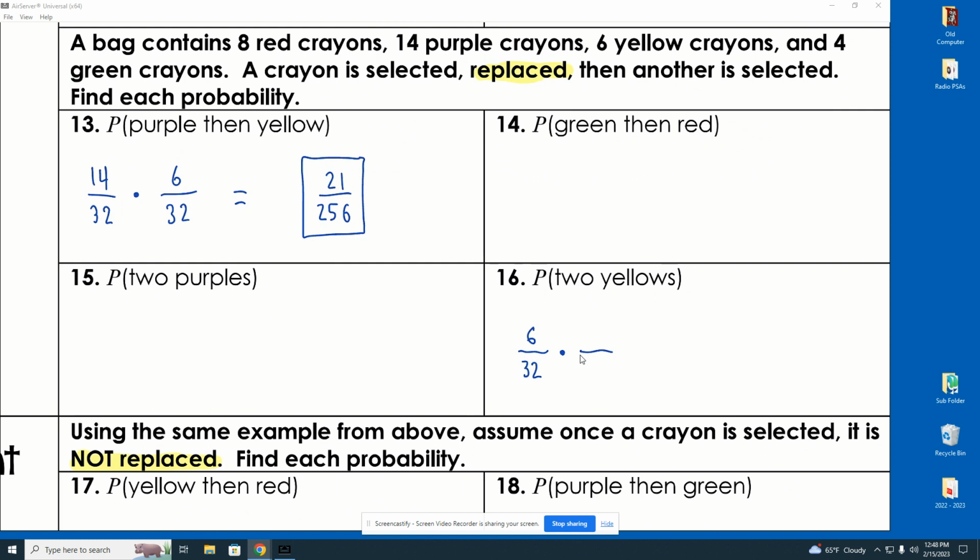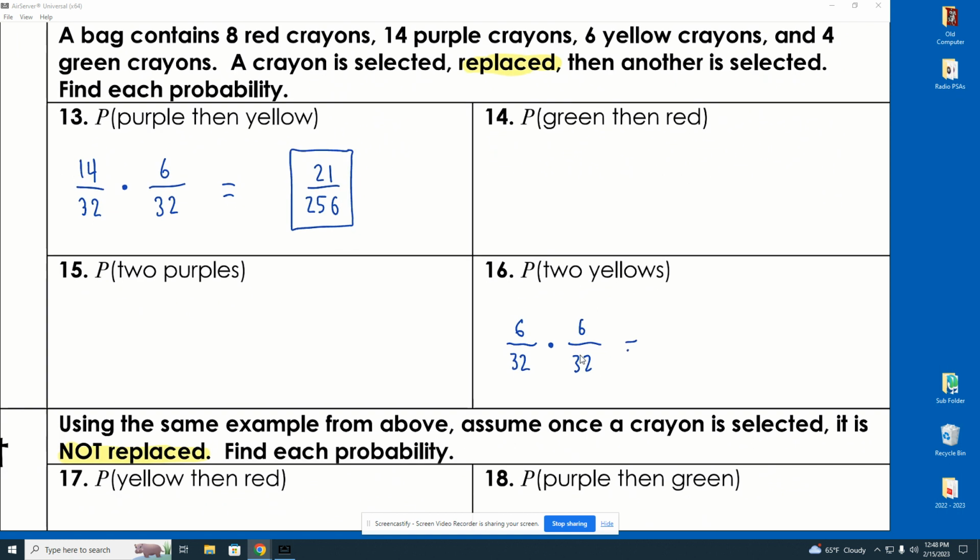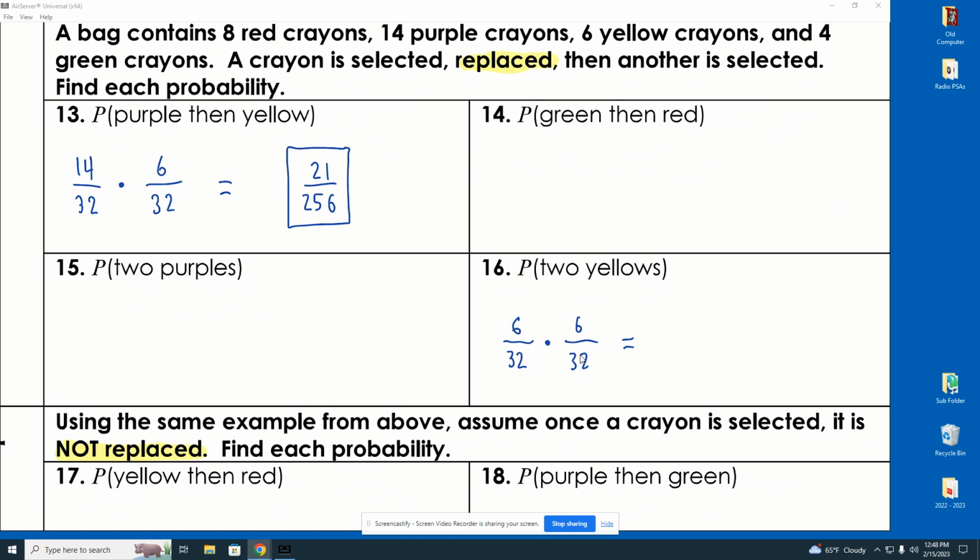I put it right back in. I reach back. What's the probability second time of getting another yellow crayon? Same. It's independent because I replaced it. So 6 over 32 times 6 over 32. 9 over what? 256. That's what I got too.